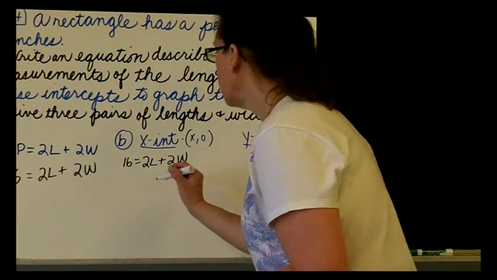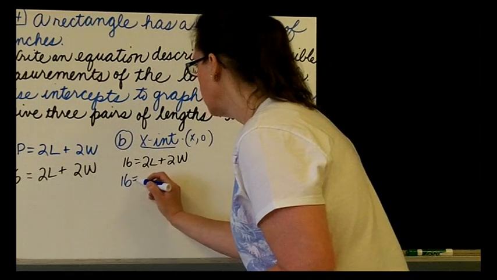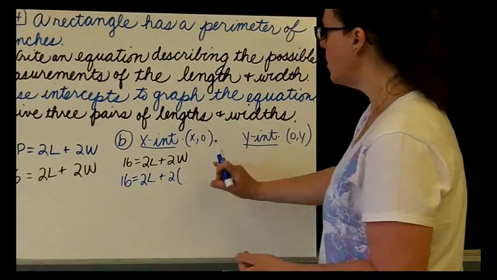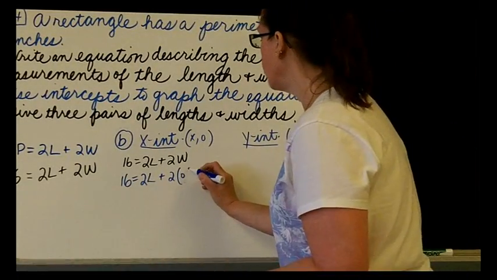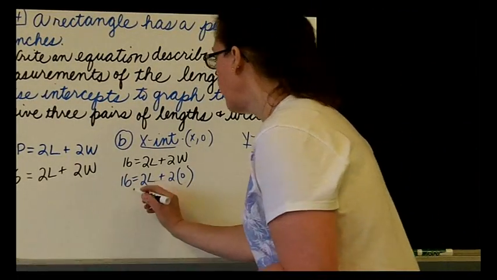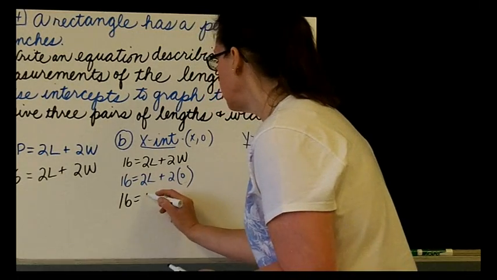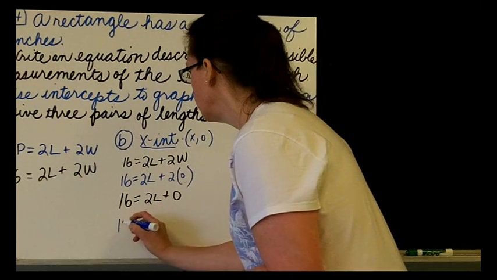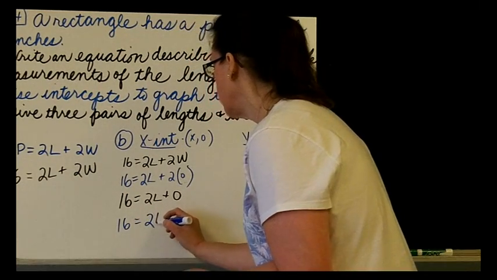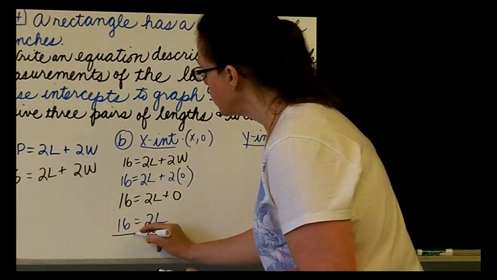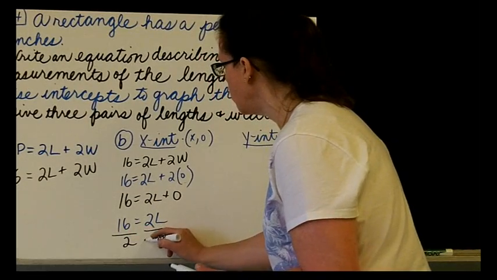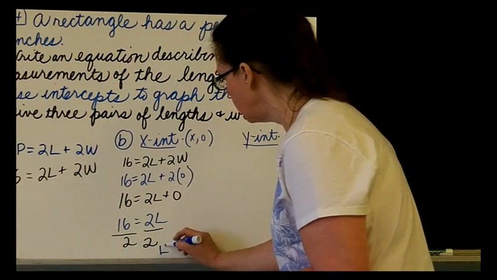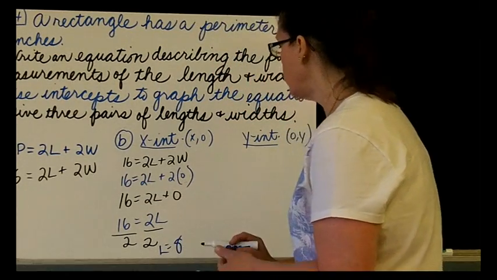So to find our x-intercept, it means what we're doing is we have to give our y, our width, the value of 0. And when we do that, we find that 16 equals 2L plus 0. 16 equals 2L. We divide both sides by the coefficient 2. And here we learn that our length is 8 inches.